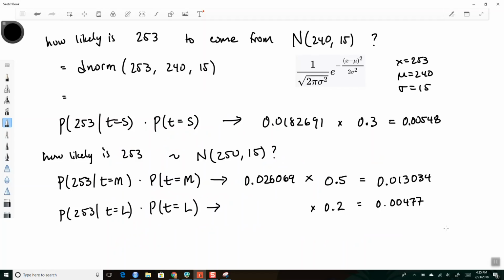Yes? Because before we wrote matrix X and then vector T, the responses. So you're saying we only looked at T? Yeah, we basically just looked at the T's and said, how many smalls, mediums, and larges do we have, right? And then we used the combination of the X's and the T's to come up with our maximum likelihood estimates, which I said was 240 and 15 for class small.